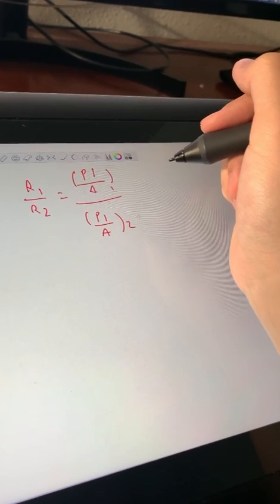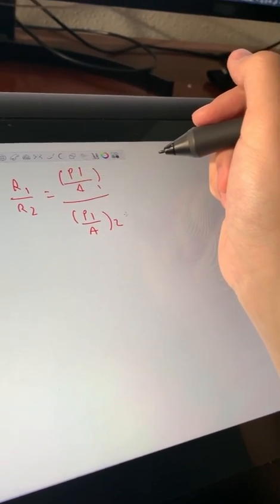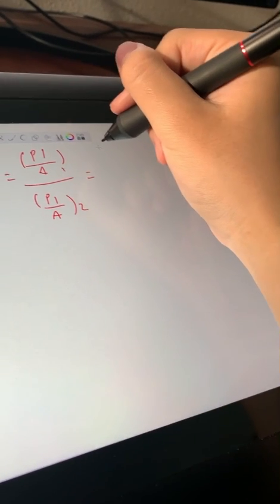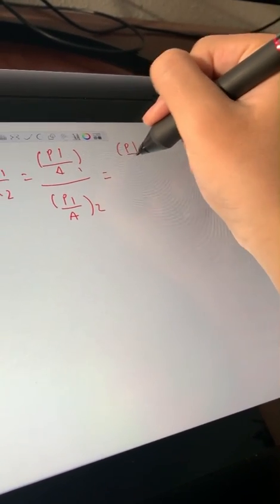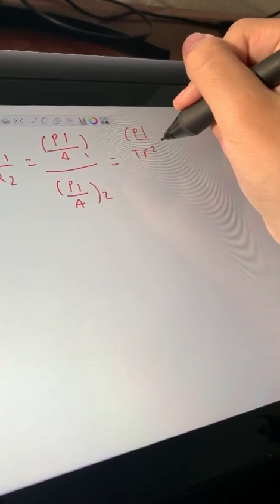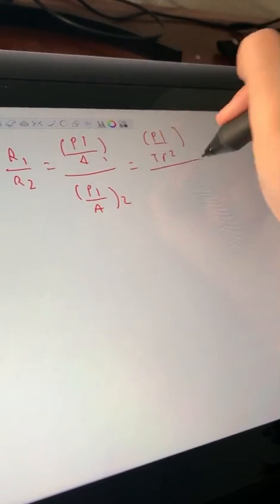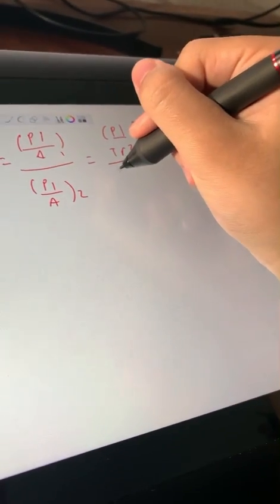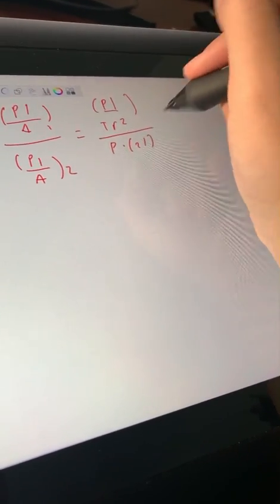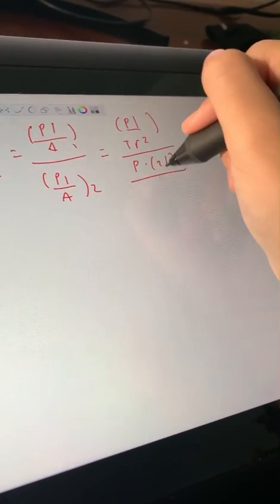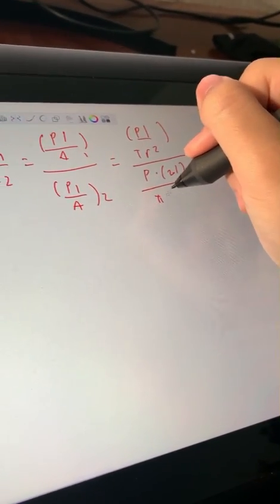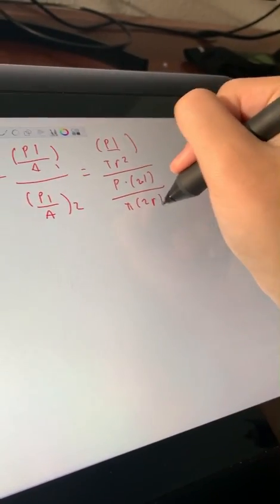So when we fill in the values for A, it'll get PL over pi R squared, and then over P times 2L over pi 2R squared.